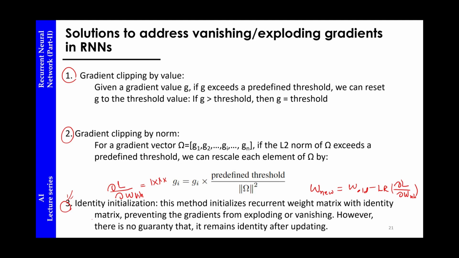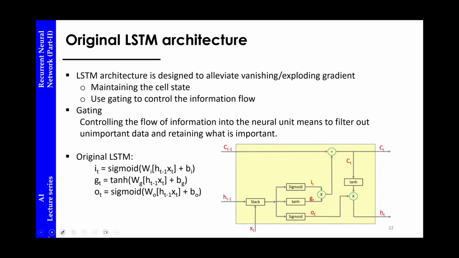They may change. So this method is useful just for starting training, and we can make sure that at the beginning of the training we will not have vanishing gradients. But a robust method to avoid vanishing gradients is changing the architecture.